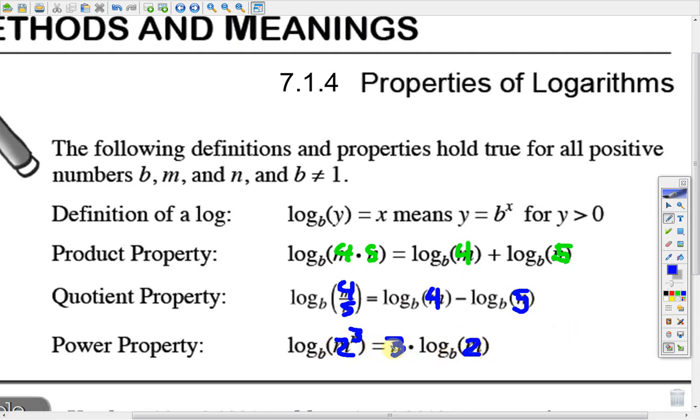So we can bring that exponent out front. And that makes sense if we go back to our product property, because this would be 2 times 2 times 2, which would be log 2 plus log 2 plus log 2, or 3 times log 2, right? So this is an expansion on the product property.